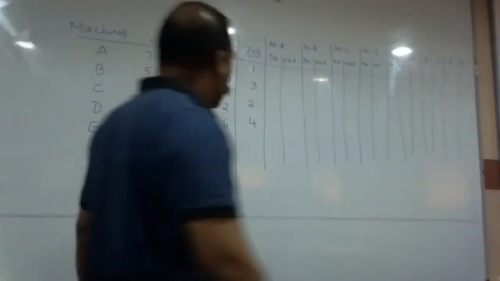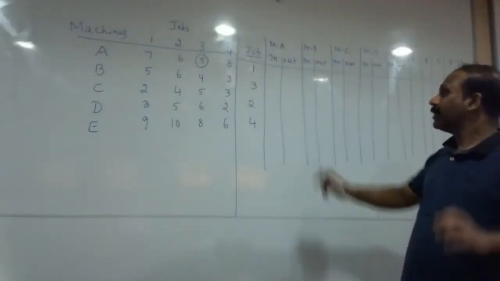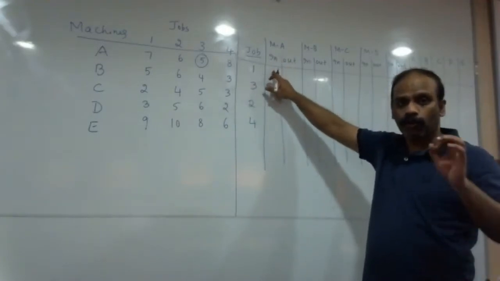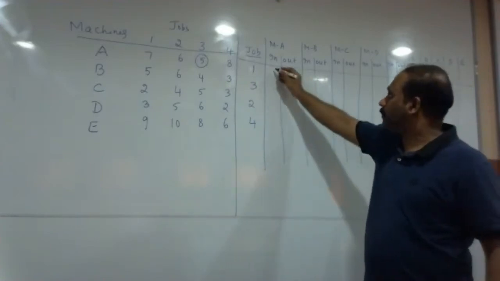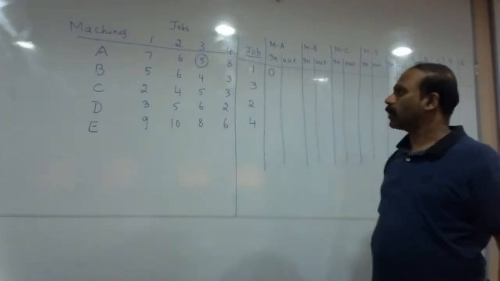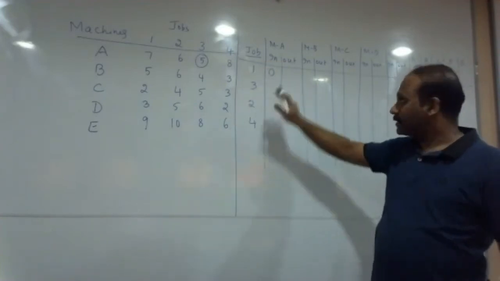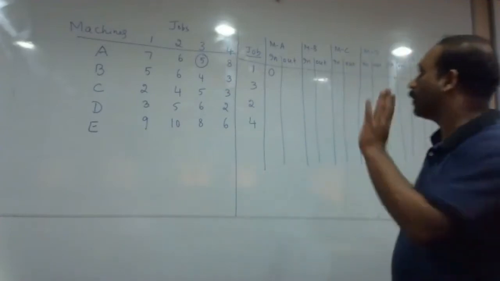Now let me start the value calculations. As you all know, irrespective of whichever machine it is, the first job shall always start from 0. The same logic applies here as well. So the first process starts with 0. Remember one thing very clearly.